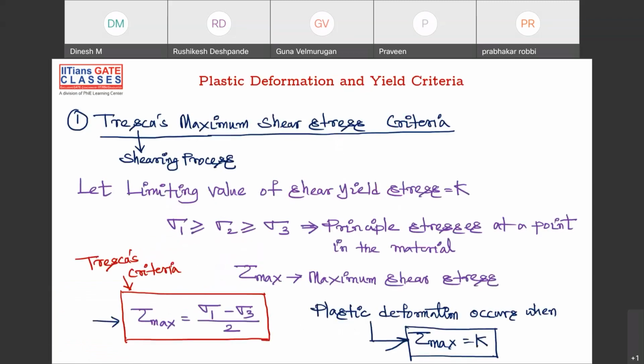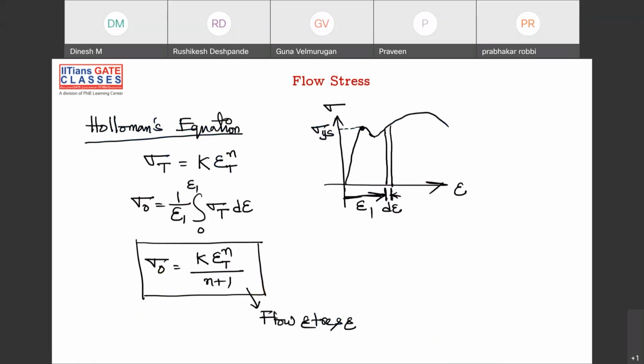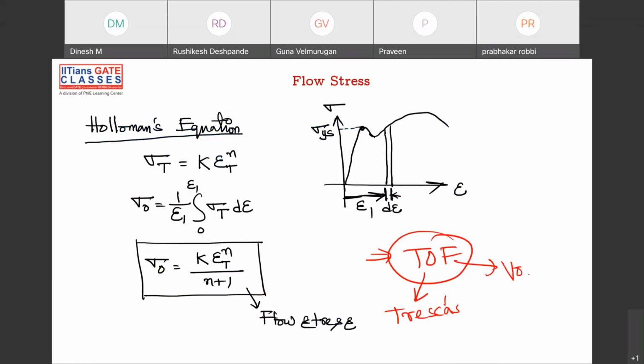So let me stop here for the introduction of metal forming. Let's discuss plastic deformation and yield criteria in tomorrow's class. It's very important. I recommend you revise from strength of materials the theories of failure, especially Tresca's criteria and von Mises criteria.